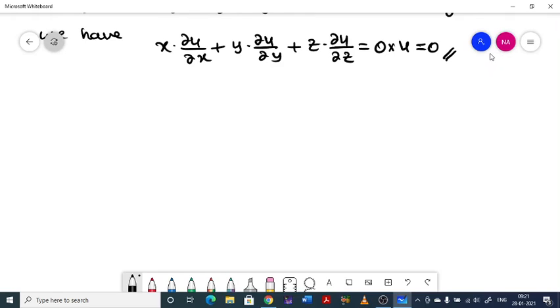Yes, so that completes half of unit 3. So with that we are going to wind up discussion on partial derivatives. So only remaining is total differentiation. So with that partial derivative will be completed.